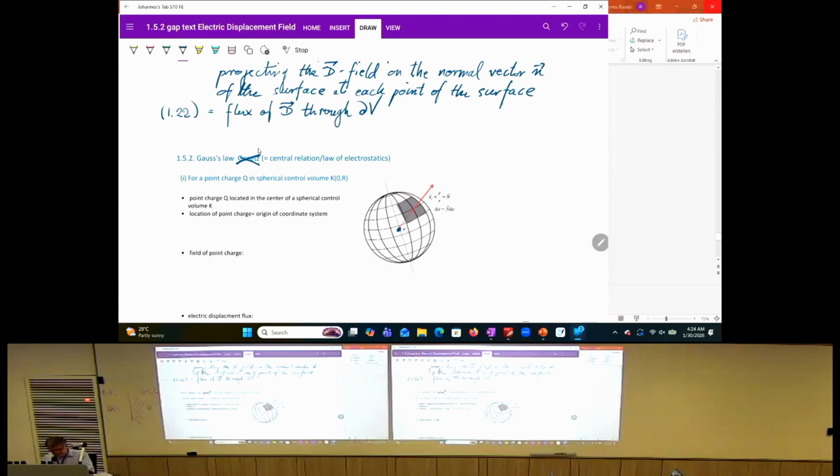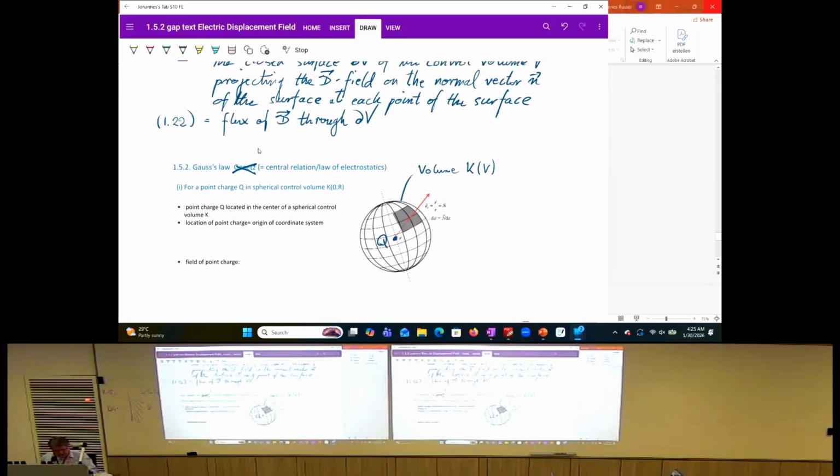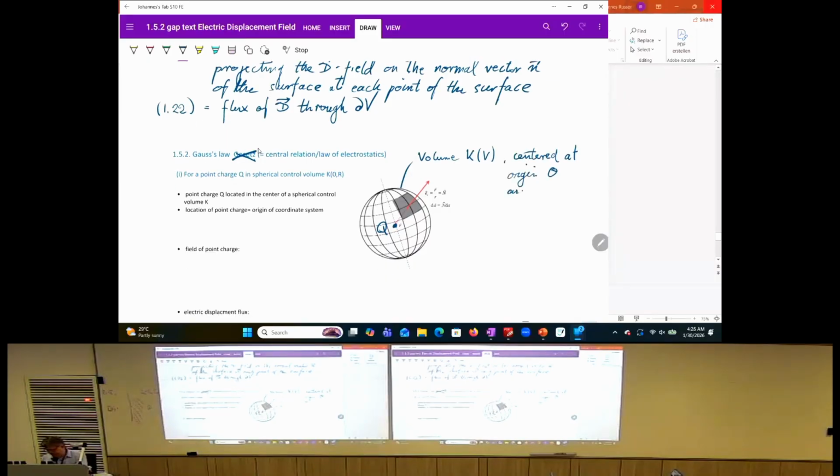In the center is our charge Q. This is our volume K, just named K now, like K or C for control, but let's call it K. So then we have this charge, which is located at the origin of the coordinate system, and also the control volume is centered at the origin, and it has a radius.